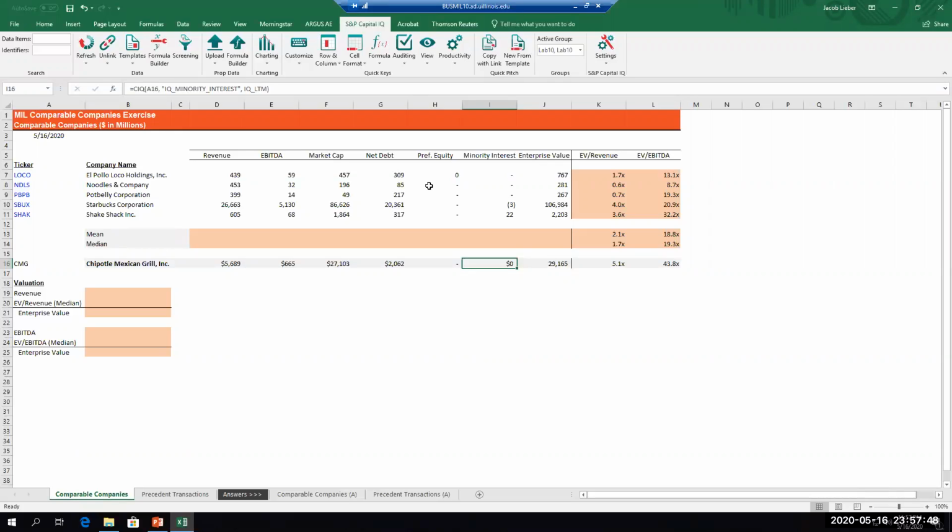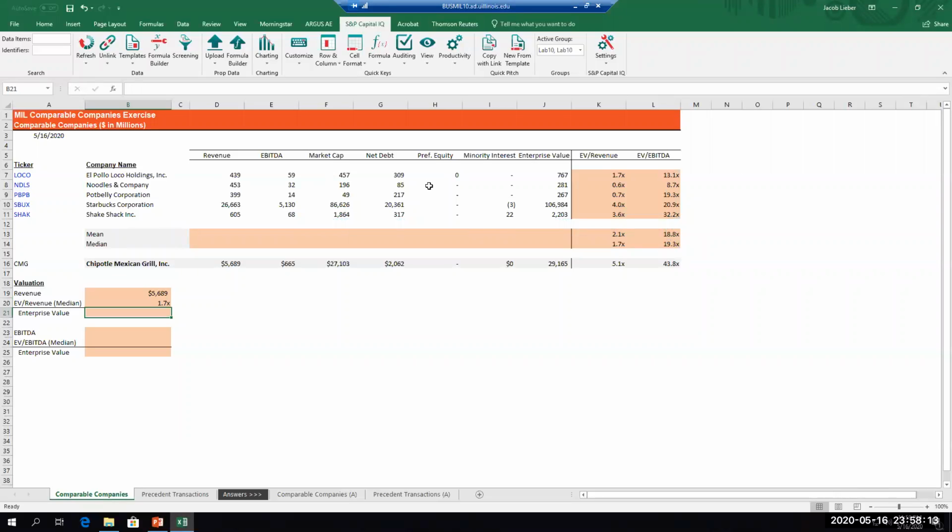Now we're just going to go ahead and apply the median revenue multiple as well as the median EBITDA multiple to determine our value for Chipotle. So if we were just going to take the revenue of Chipotle, which is the metric, right? So we take the metric and then we apply the multiple, EV over revenue median.